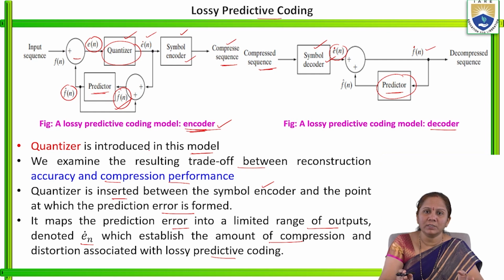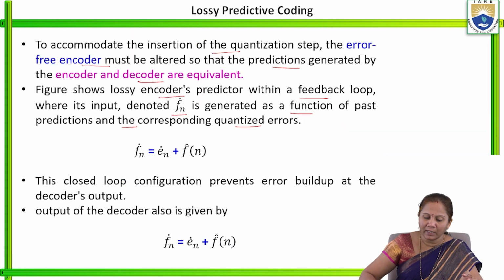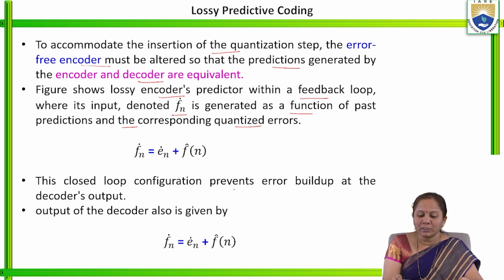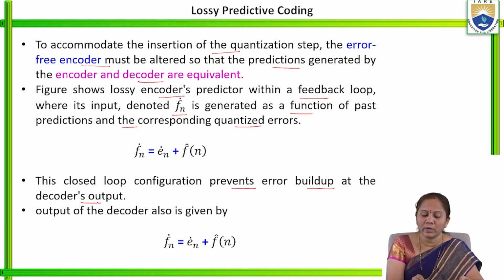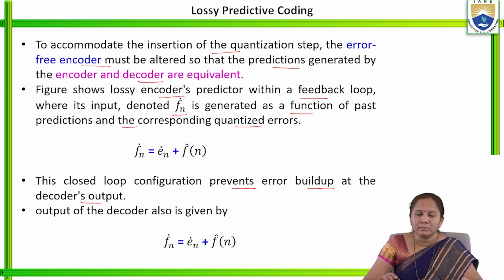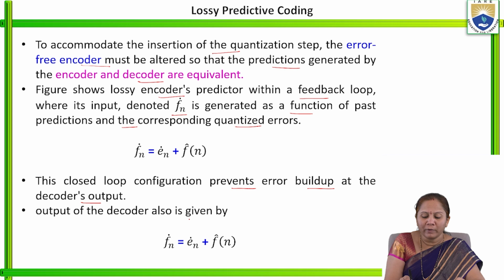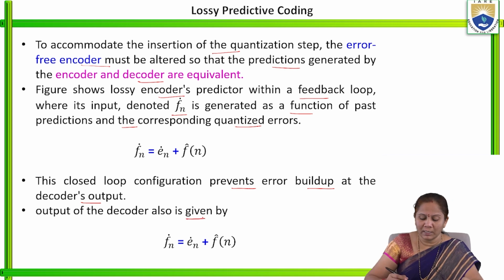If we rearrange the equation, then f n dot is equal to e n dot plus f cap of n. This closed loop configuration prevents error buildup at the decoder output. So we have to see that the error-free encoder should be available.